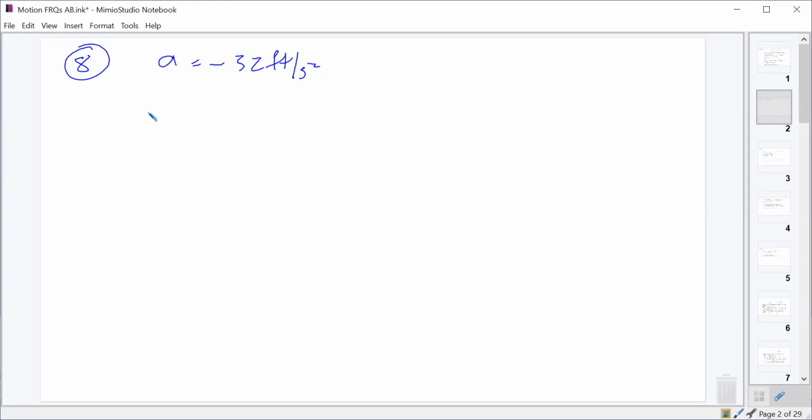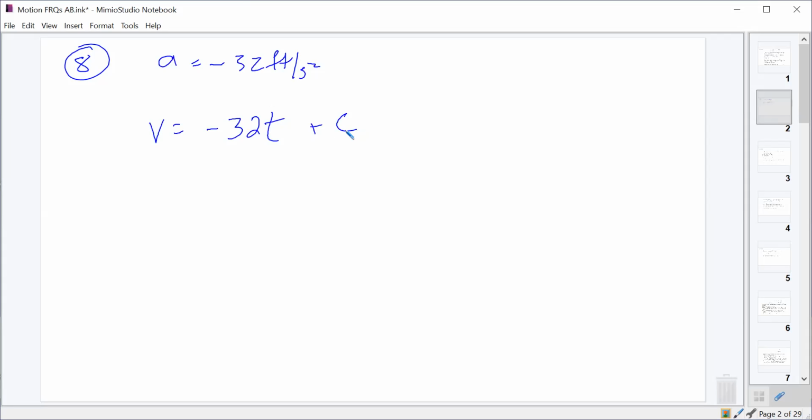So our velocity should just be the integral of this. Velocity is negative 32t, so our velocity at any time should be negative 32t plus some constant, which is whatever our initial velocity happens to be.